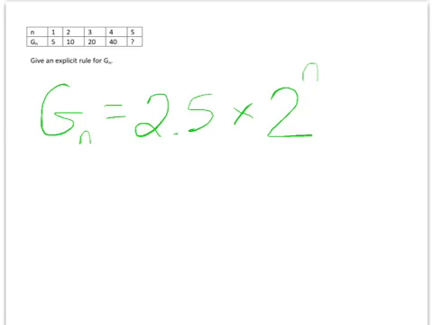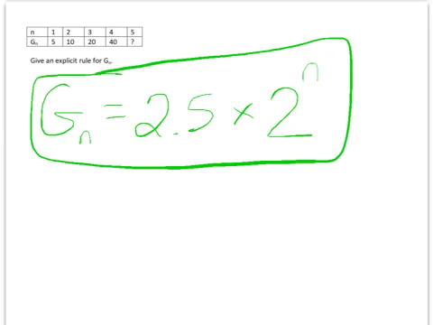To get to G sub 1, I started with 2.5 and multiplied by 2 once. To get G sub 2, I started with 2.5 and doubled it twice. And to get to G sub 3, I started with 2.5 and doubled it 3 times to get 20. Repeated multiplication by 2 we represent with an exponent, 2 to the n. So G sub n is going to be 2.5 times 2 to the n.